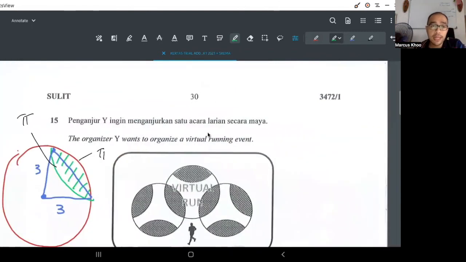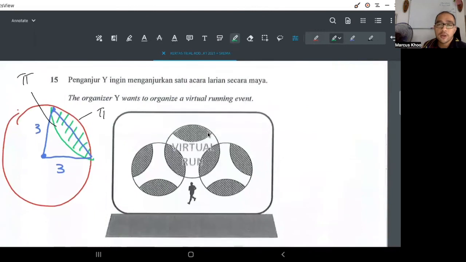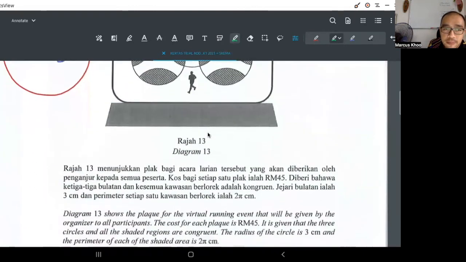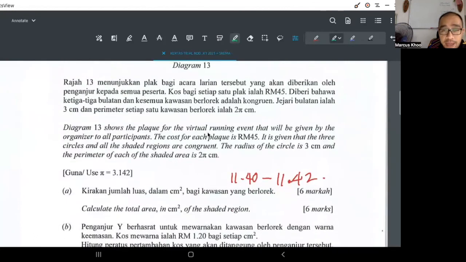All right, last question. We have come to the last question of the day. Organizer Y wants to organize a virtual running event. Diagram 13 shows the plaque for the virtual running event that will be given by the organizer to all the participants. The cost of each plaque is 45 ringgit. It is 3 circles and all the shaded regions are congruent.